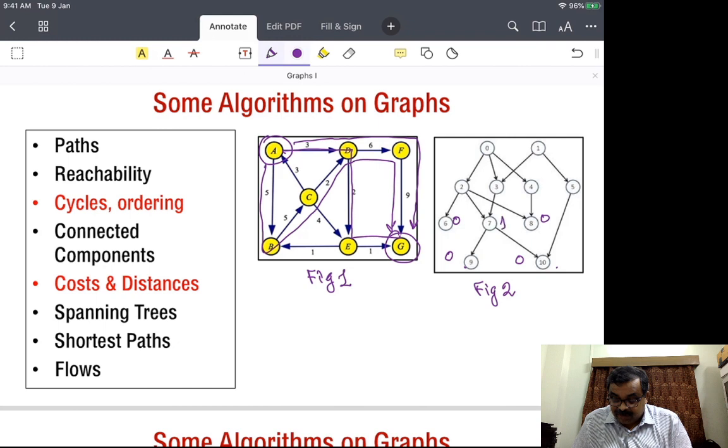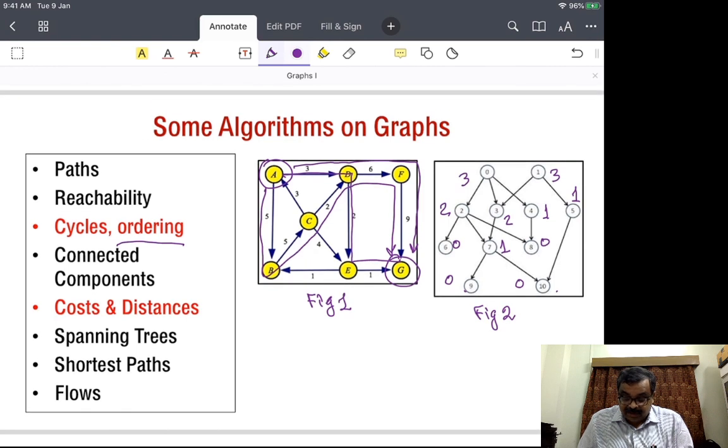This is at level 1, this is at level 2 because this depends on this. This one has 2 level 2 nodes and 1 level 1 node depending on it, so this is level 3 and this is level 3. So we could order these nodes, and we shall see algorithms for ordering these nodes. We have various kinds of algorithms and various problems that we can work on.